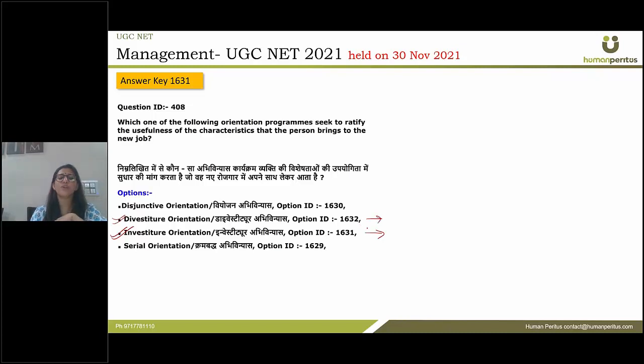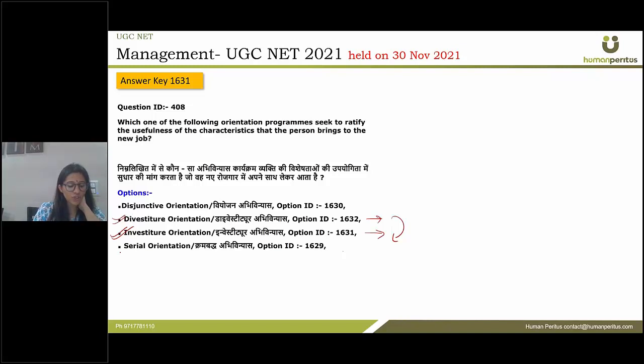In this, minor modifications need to be made to the characteristics of the new employee, who is being inducted in the organization. Basically, the divestiture and the investiture are opposites to each other, because in investiture there is no change needed to the characteristics of that person, and in divestiture there are minor modifications. So you must not get confused with these two. This is the clear answer.